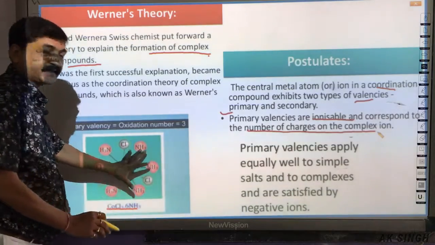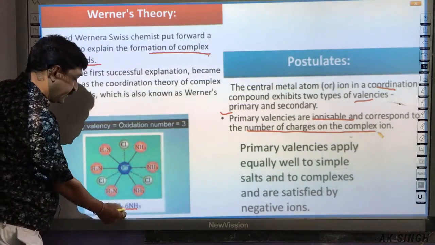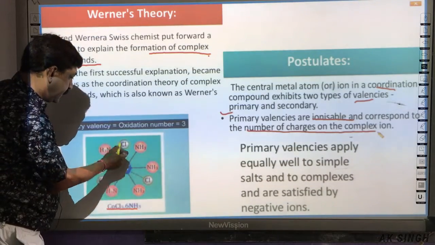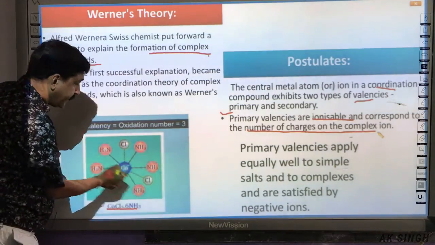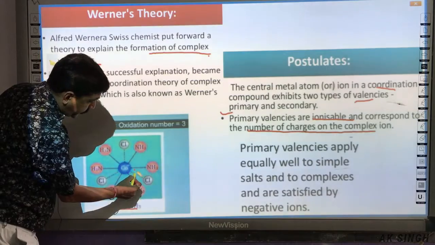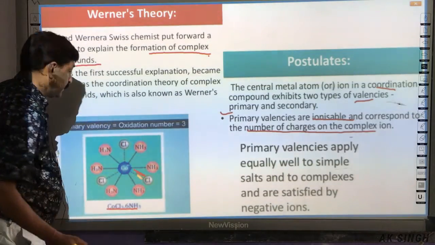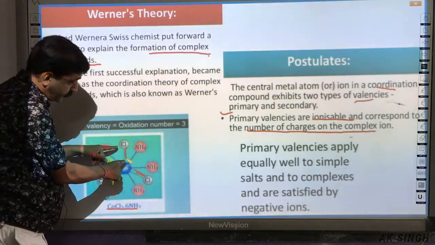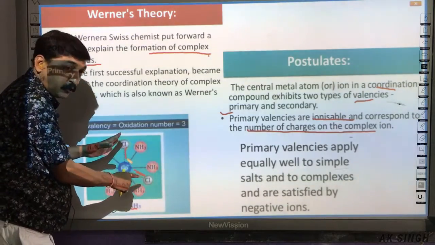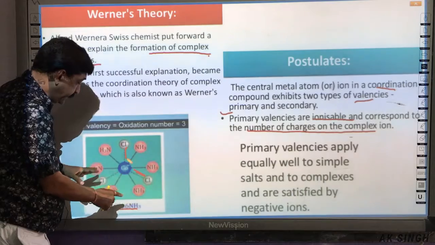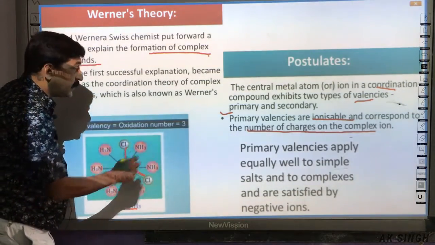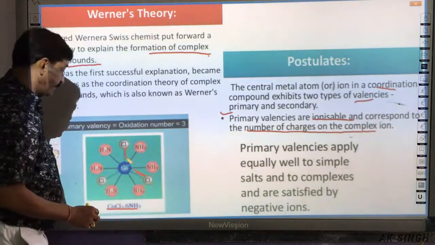Let us see this example: CoCl3 6NH3, with central metal cobalt and the 3 Cl shown by dotted lines. These Cl, attached to the central cobalt atom by dotted lines, represent the primary valency.